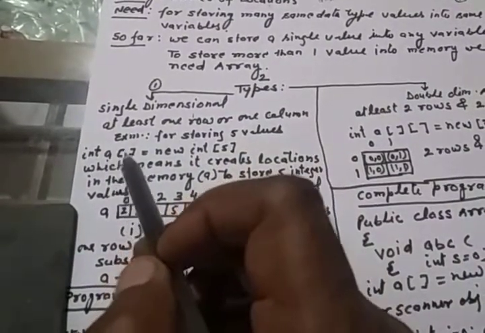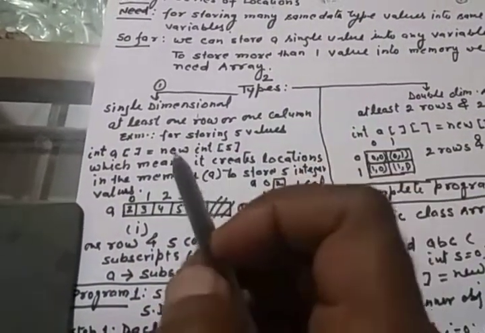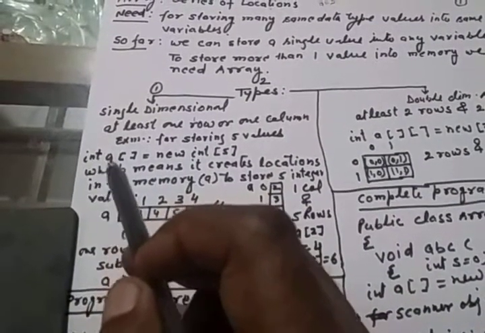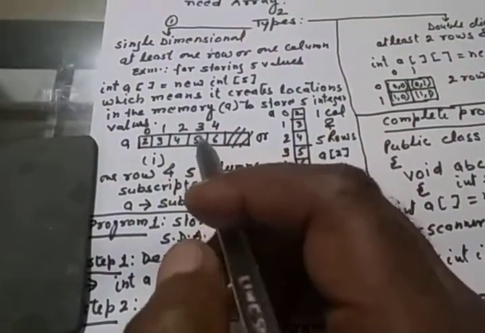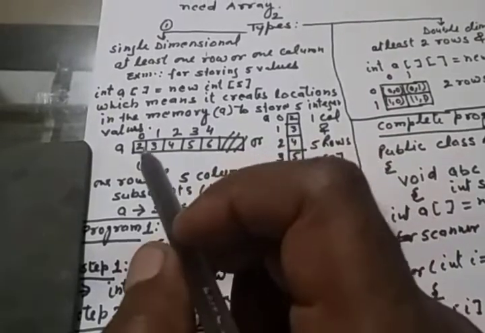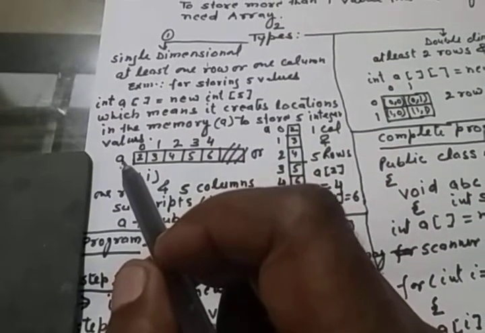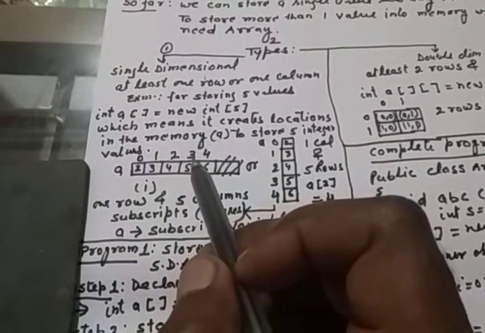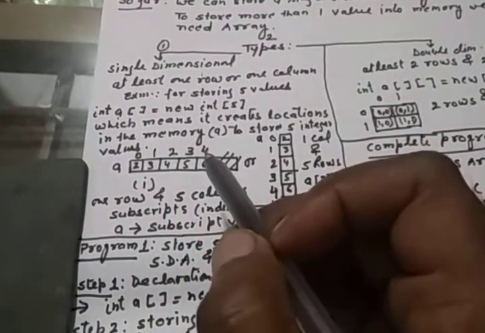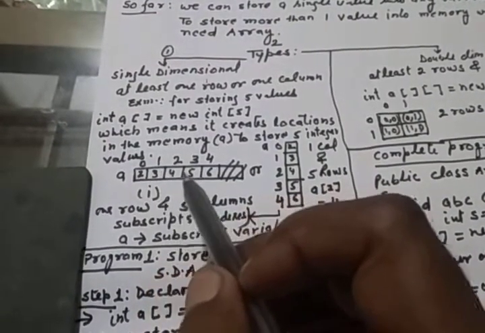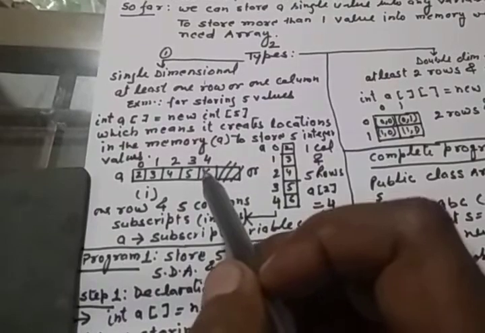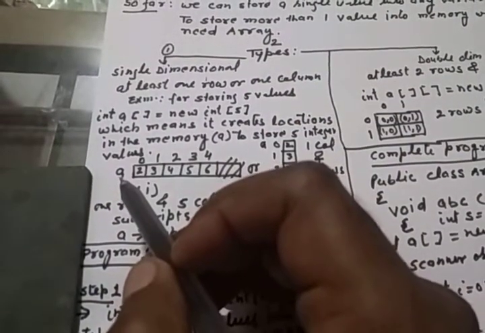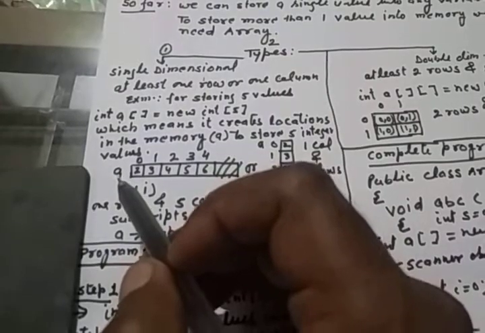When this statement executes, it will create 5 memory locations for the memory variable A. First location is 0, second is 1, third is 2, fourth is 3 and fifth is 4. So 5 locations will be allocated to array A.